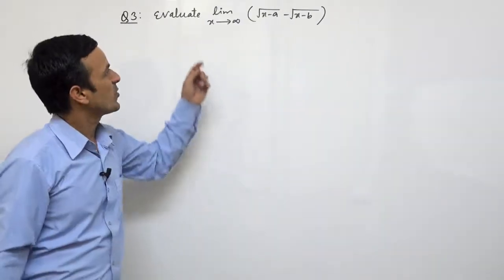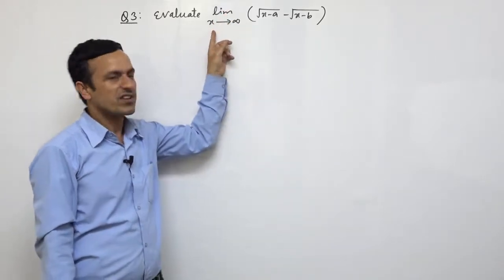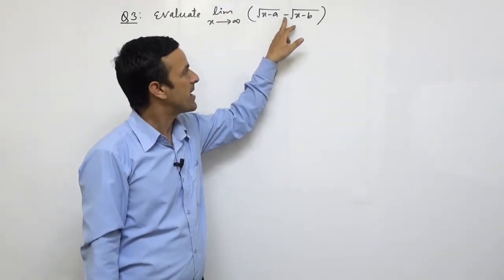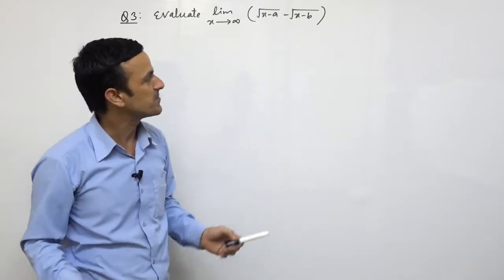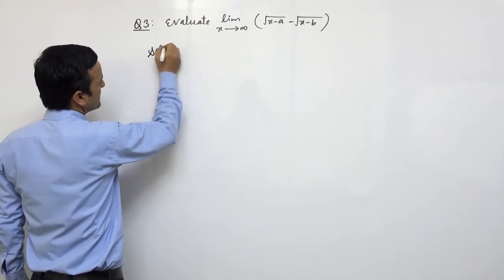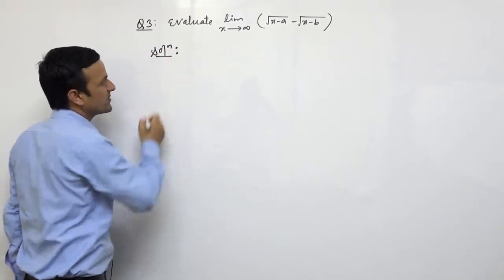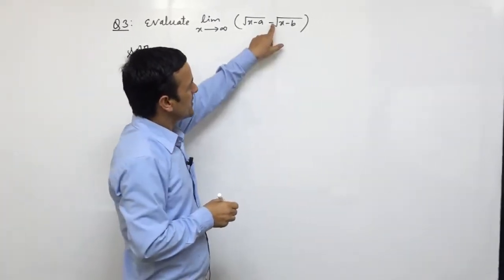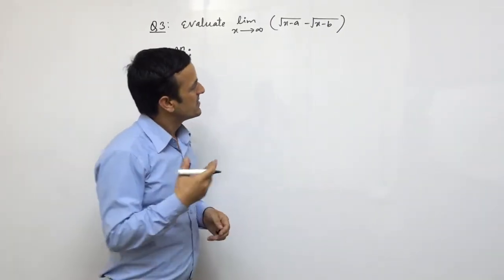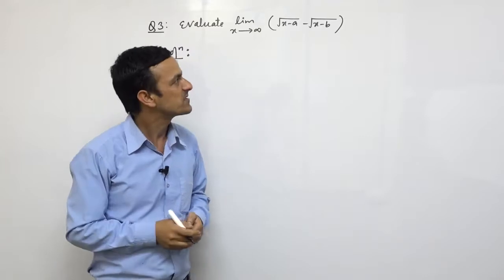So we have the next question. Limit x tends to infinity, root under x minus a minus root under x minus b. So here we can solve this question by, first of all, checking the form, whether this is in indeterminate form or not.